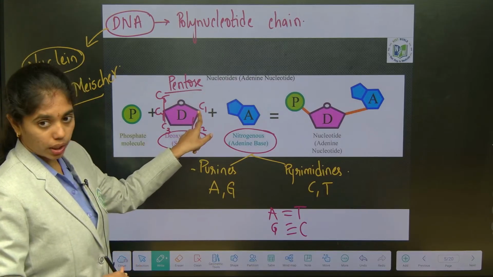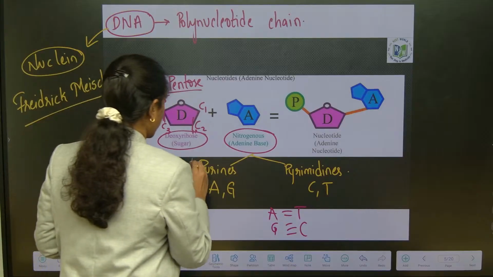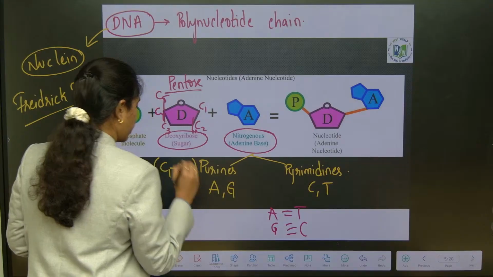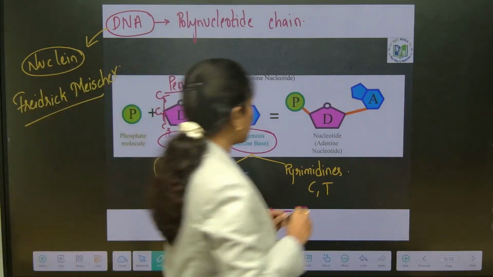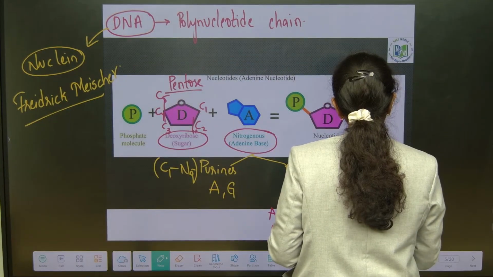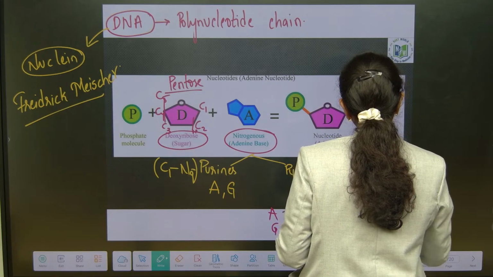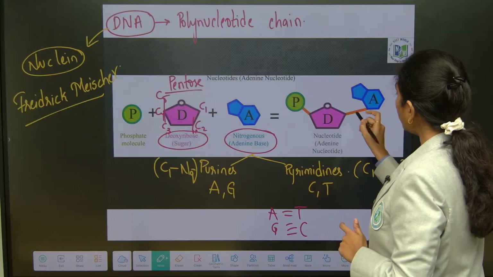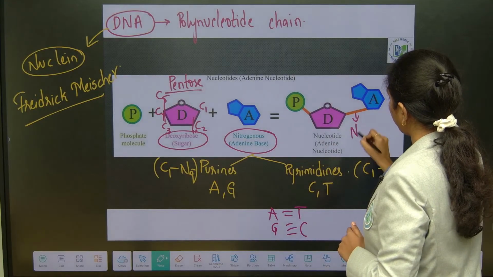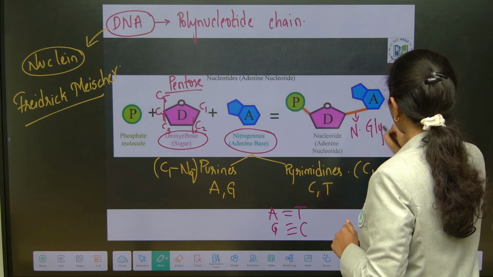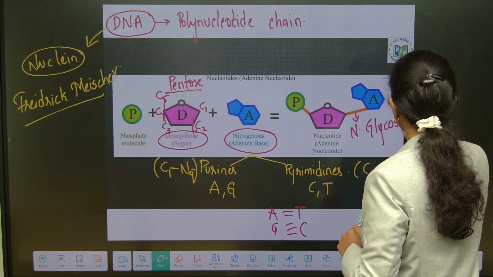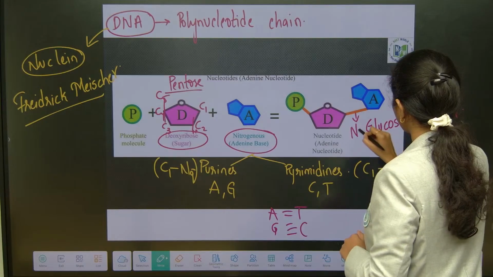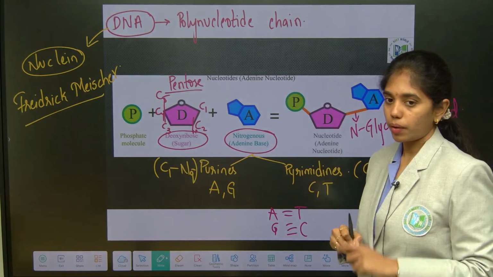C1 of the sugar is bound to N9 of a purine, and C1 of the sugar is bound to N1 of a pyrimidine. It is bound by what bond? N-glycosidic bond.